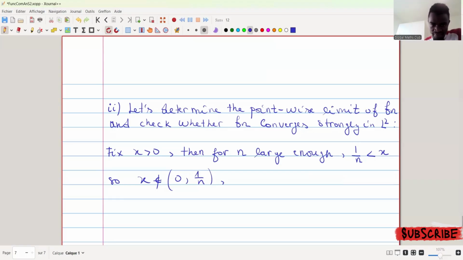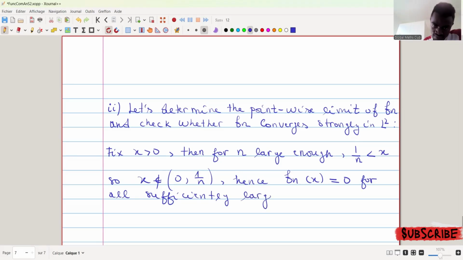It means that Fn of x is equal to 0 for all sufficiently large values of n.